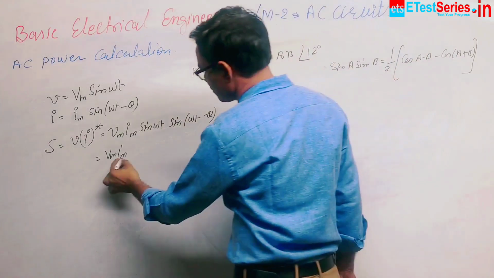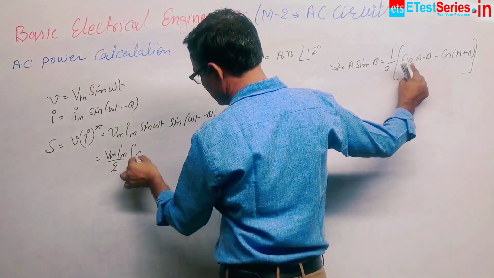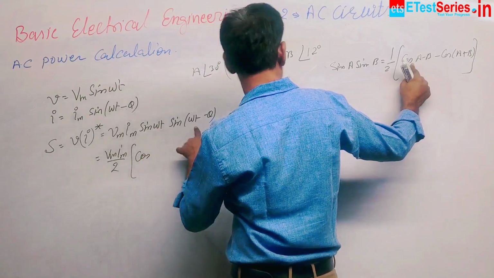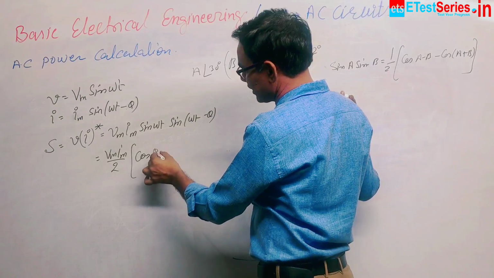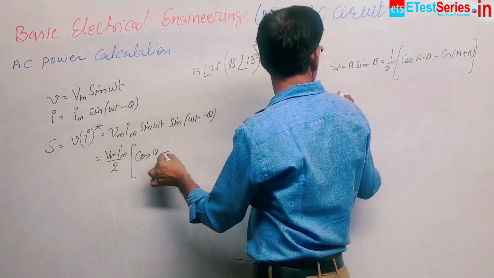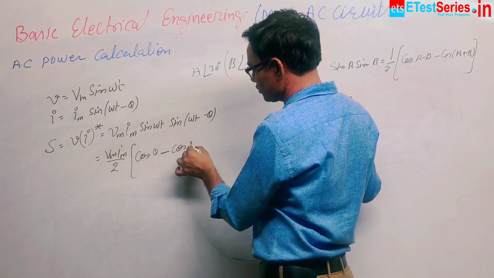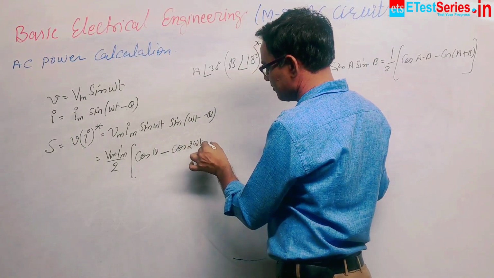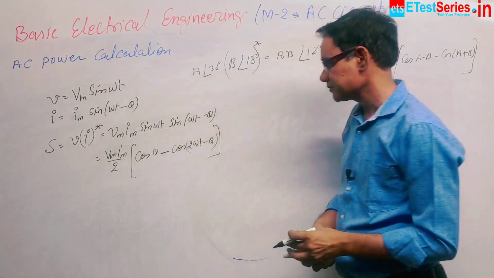So it is 1 upon 2 taken over here, cos of A minus B, this minus this gives the angle theta only, minus cos of this plus this, that gives 2 omega t minus theta.